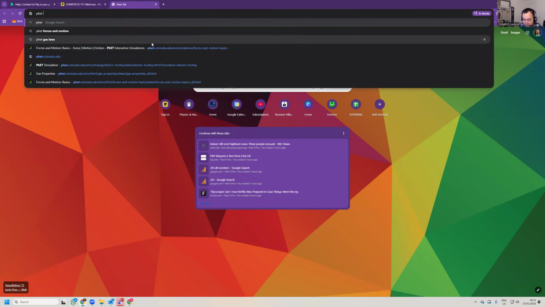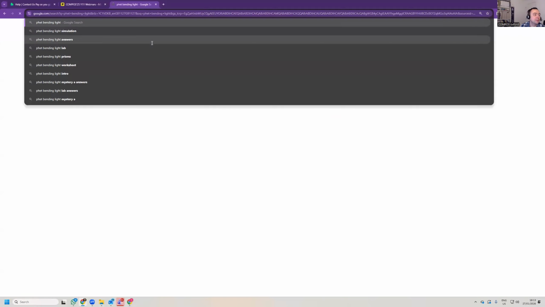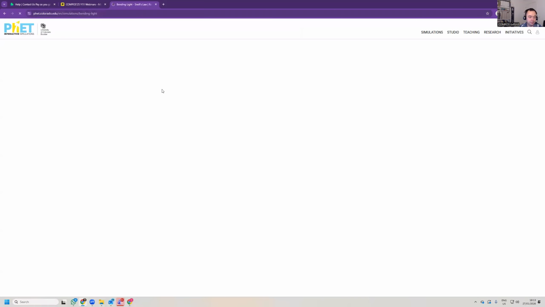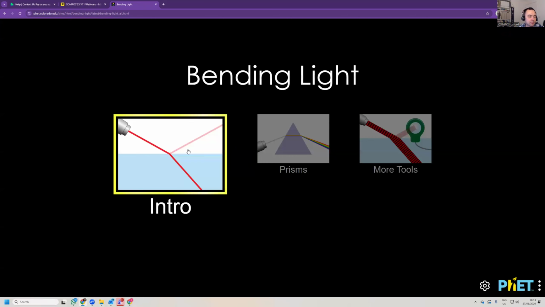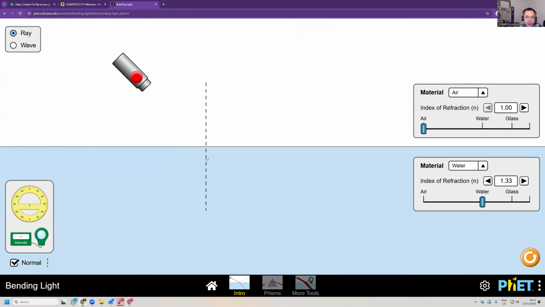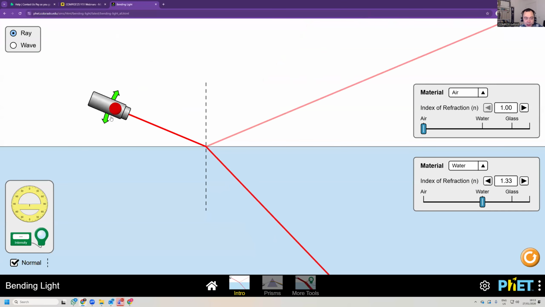So, bending light. Okay, so now when you go from air to water, you can see that some of the light is reflected and some of the light goes through.